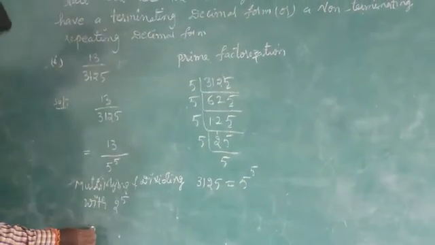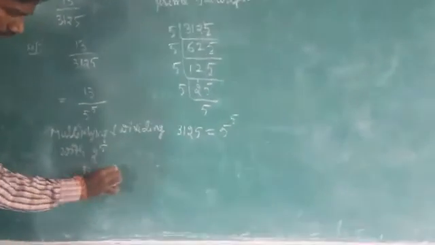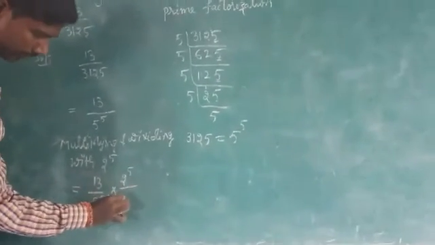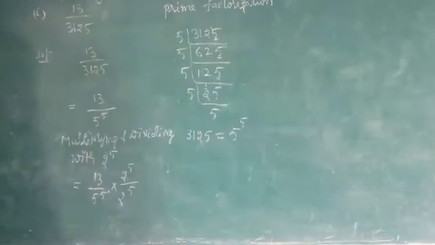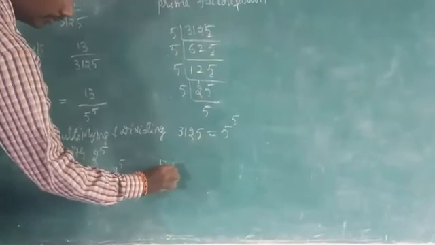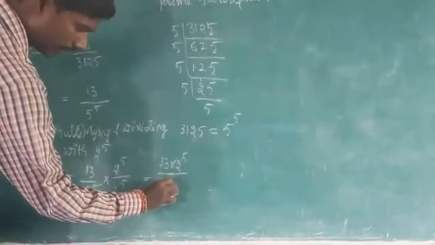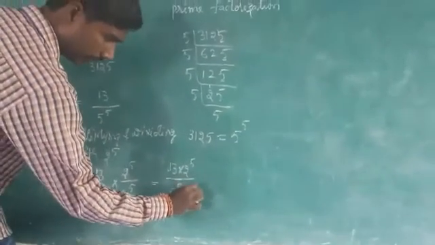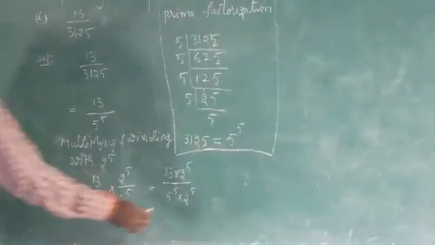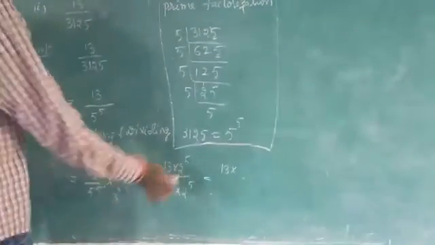So what can you write? 13 upon 5 to the power of 5 into 2 to the power of 5 by 2 to the power of 5. Therefore, you can write 13 into 2 to the power of 5 by 5 to the power of 5 into 2 to the power of 5.